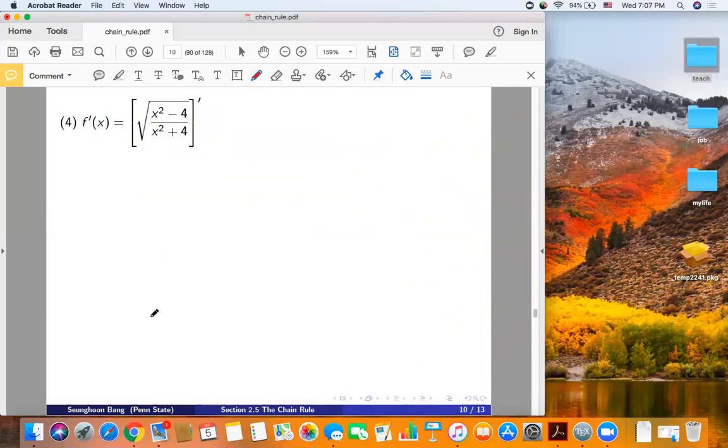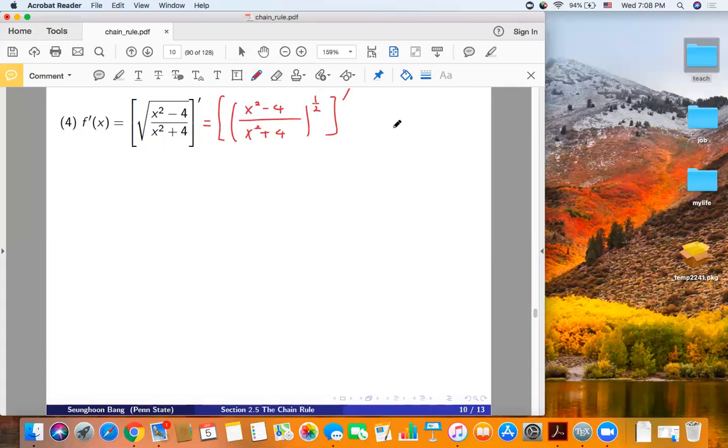So next tip. First one is the derivative of square root of x squared minus 4 over x squared plus 4. So how can you solve this problem? Similar. The only difference is to change to the power form first, to the one half power.